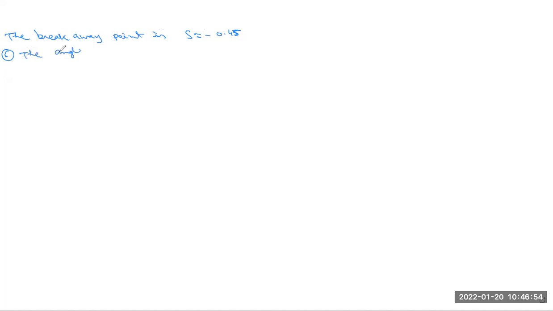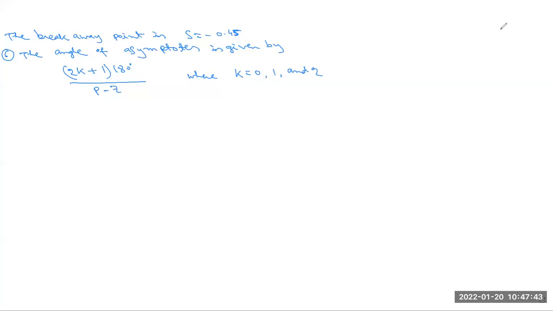The angle of asymptotes is given by the formula (2k plus 1) into 180 degrees divided by the number of poles minus the number of zeros, where the value of k we put first 0, then 1 and 2 and so on.